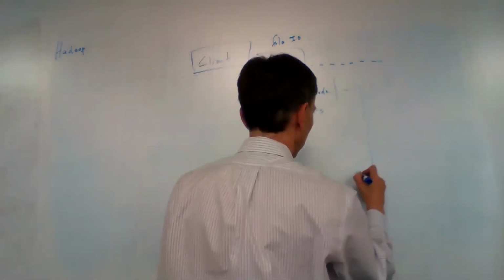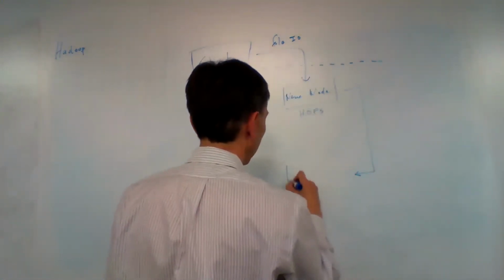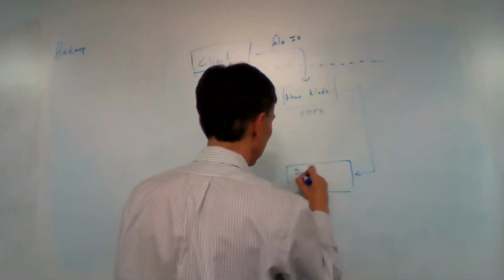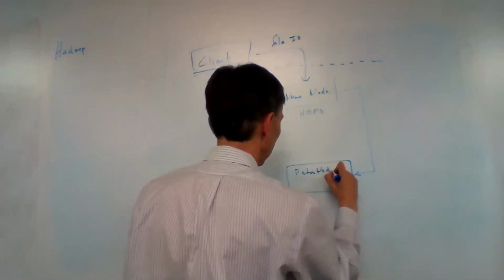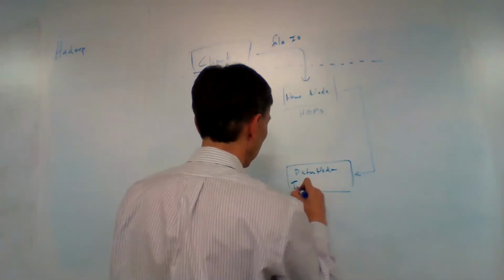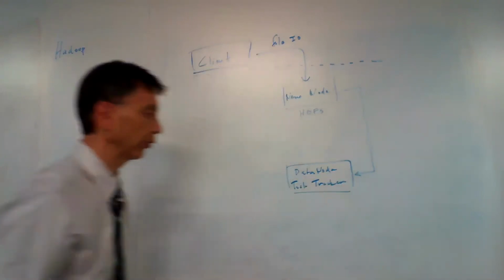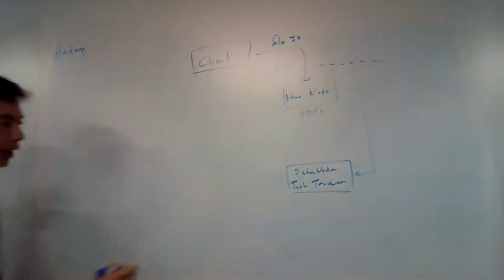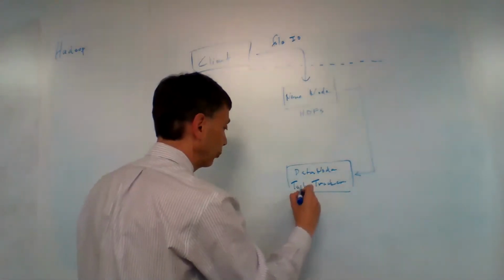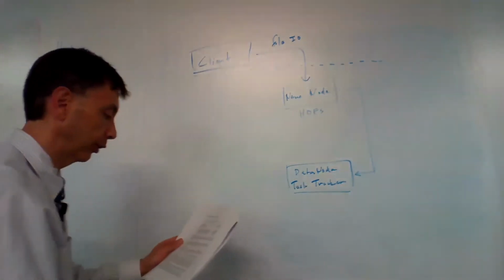And so this is going to write down to a data node, task tracker. So this is something that manages all the requests that are coming from all the different clients and prioritizes them, orders them, and executes them so that they're contiguous.